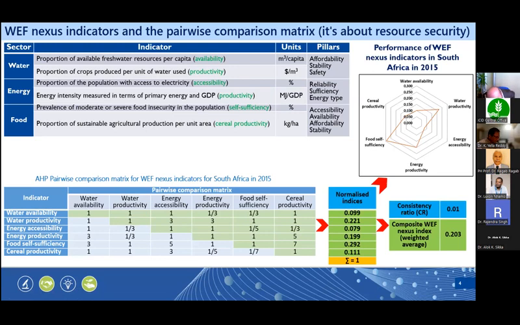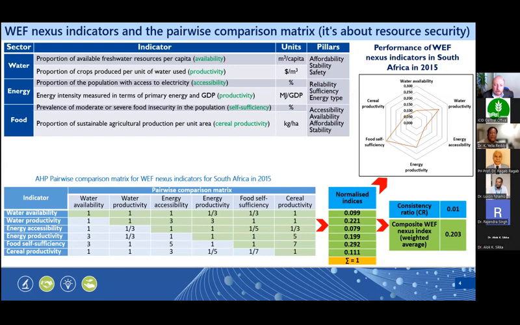The most important thing in this pairwise comparison matrix is that one needs to do a lot of stakeholder engagement and also draw knowledge from literature. There are also pillars which you need to consider, which speak to resource security. For water, the pillars include affordability, stability, and safety. For energy, you also need to include pillars such as reliability, sufficiency, and the energy type.